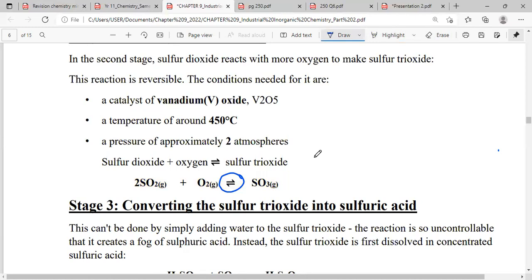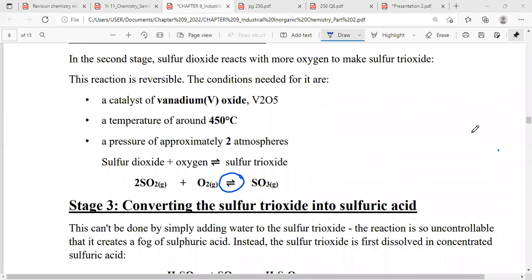All right, now let us look at what the conditions are. You need to have a catalyst. The catalyst is vanadium(V) oxide. It's important for you to write the oxidation state 5. Temperature 450 degrees Celsius, pressure 2 atmospheres.